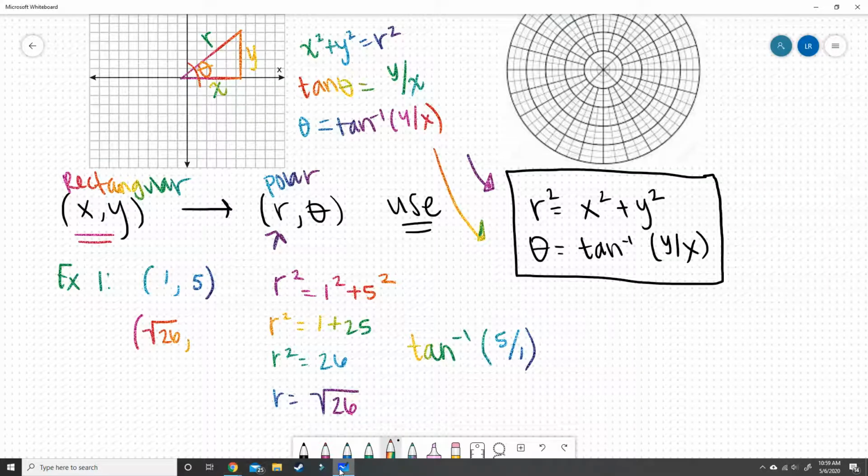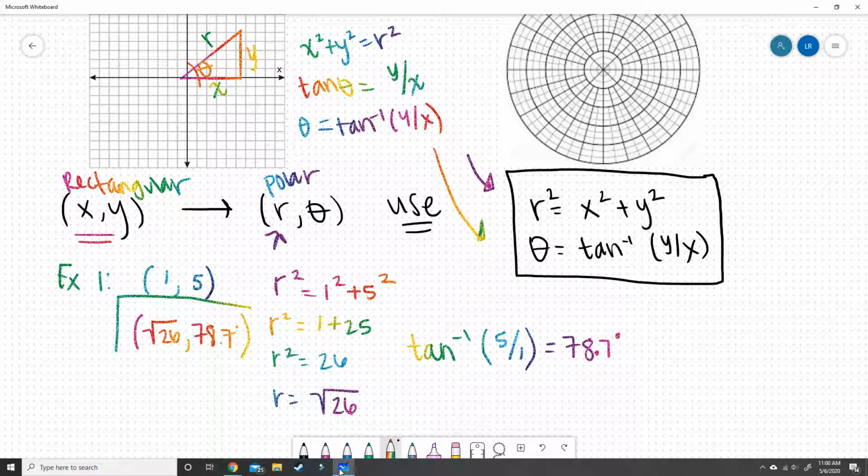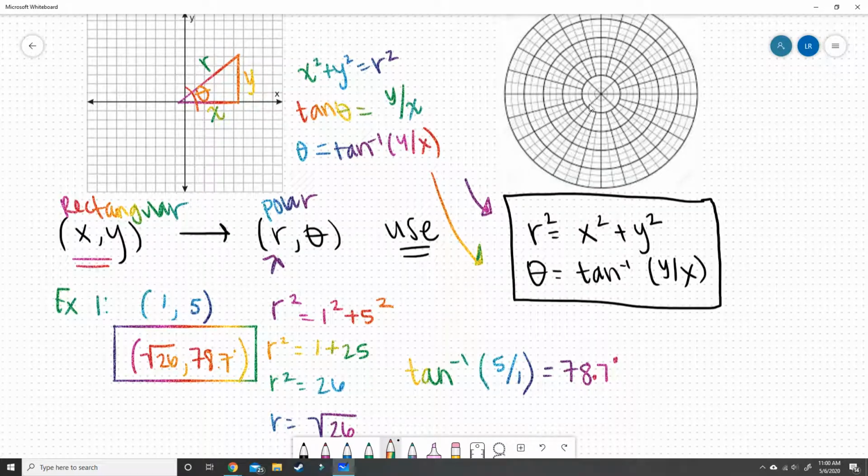So let's go ahead and write that out. This is 78.7 degrees, and that is the second part of this ordered pair. Now we could certainly graph that on our polar coordinate system here. Well, the square root of 26 is a little bit more than 5, so we're going to want to go out to at least 5 radii. 1, 2, 3, 4, 5.